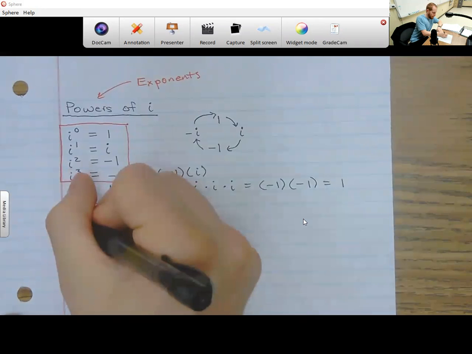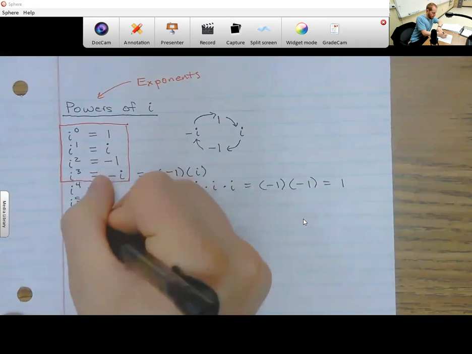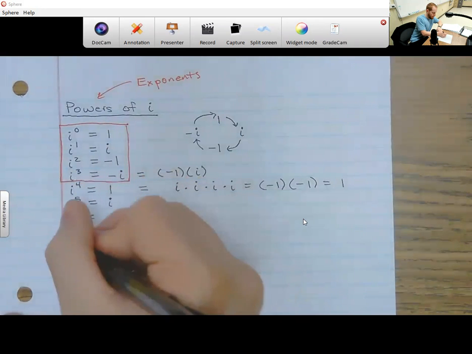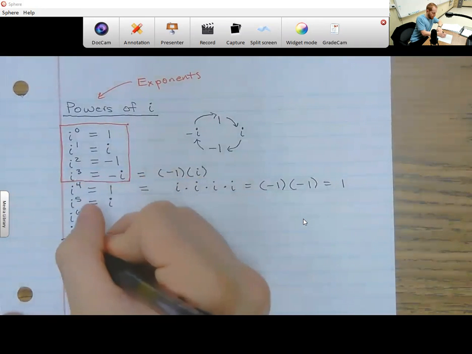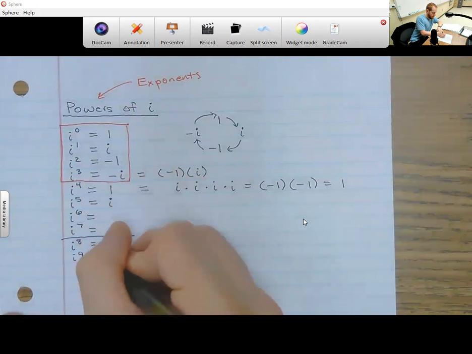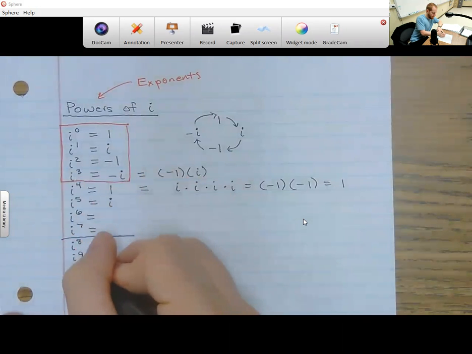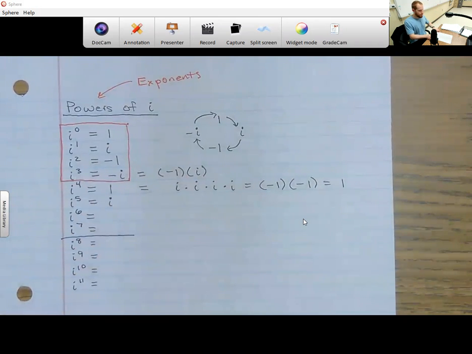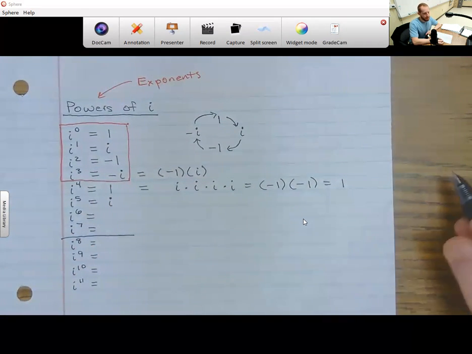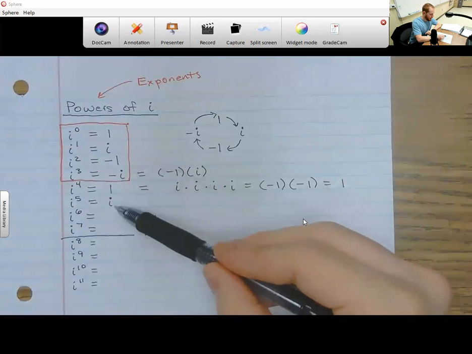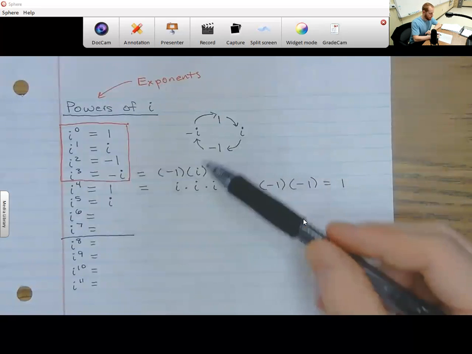So can you fill in these right here? If the pattern repeats itself, what would these be? And then what would these 4 be? i to the 8th, i to the 9th, i to the 10th, i to the 11th. What would these 4 be? Well, if the pattern repeats itself, like I think it does, then we're going to go from 1 to i, and then from i to -1.